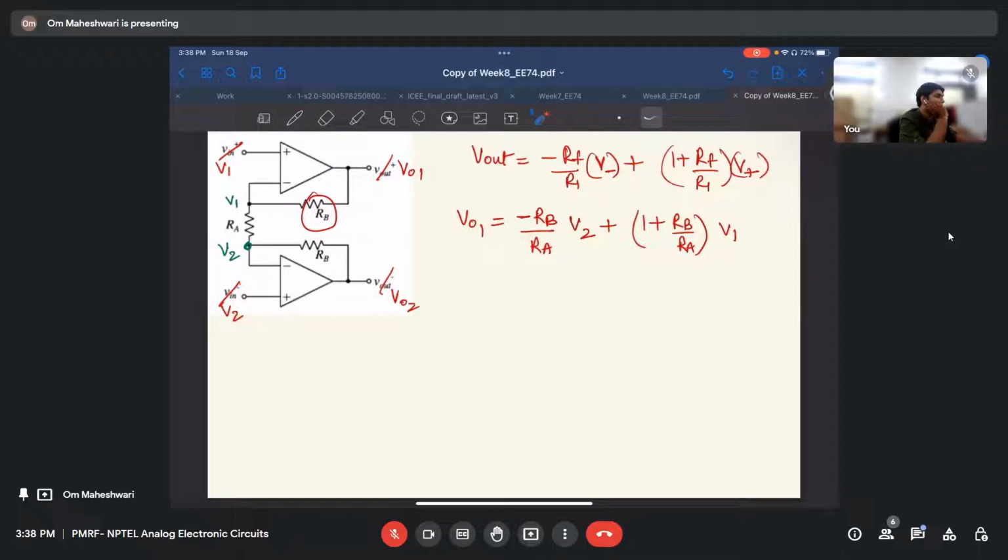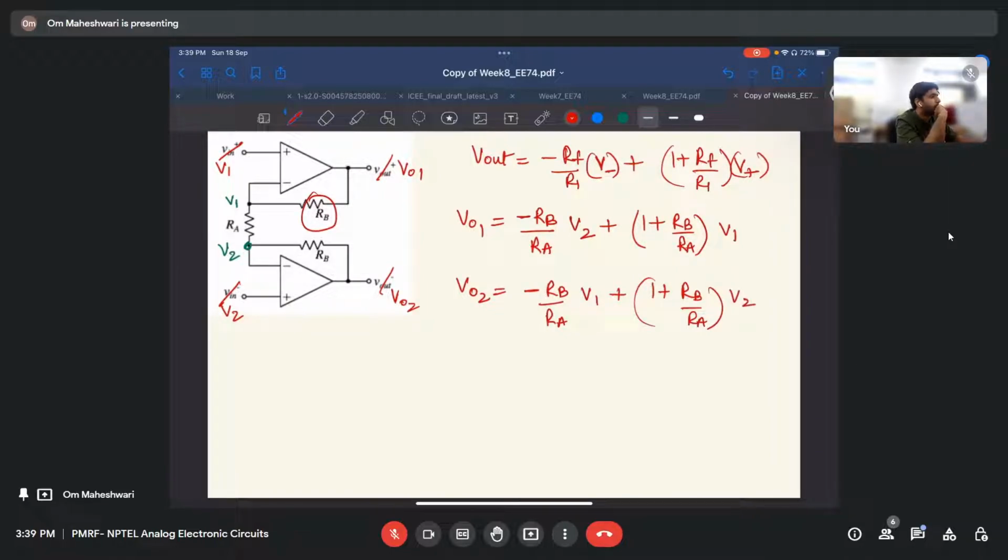Are you following, guys? Yes, sir. Not required. So similarly, we can write VO2 equals minus RB by RA into V1 plus 1 plus RB by RA into V2.